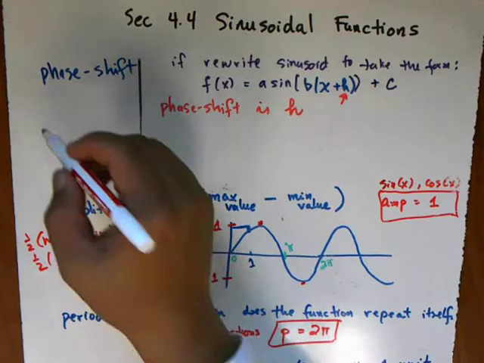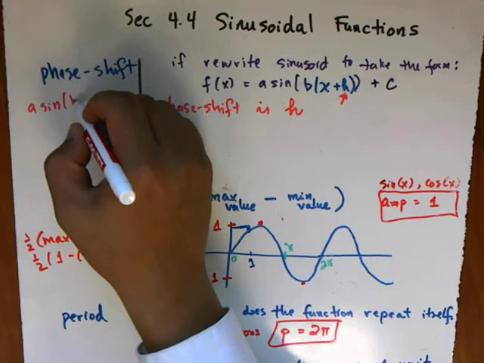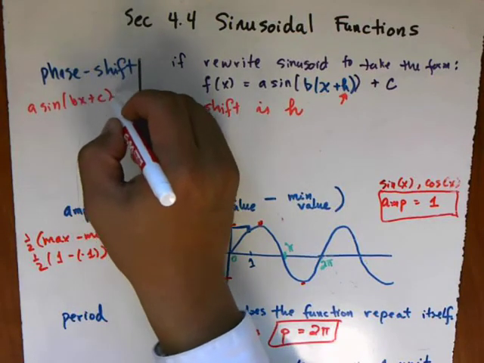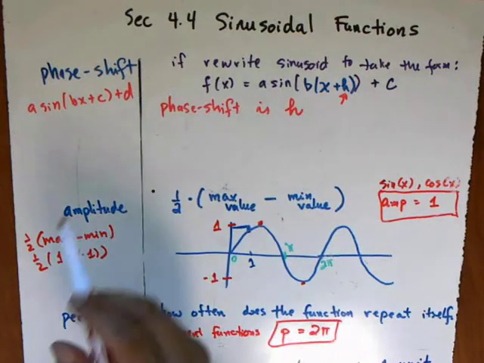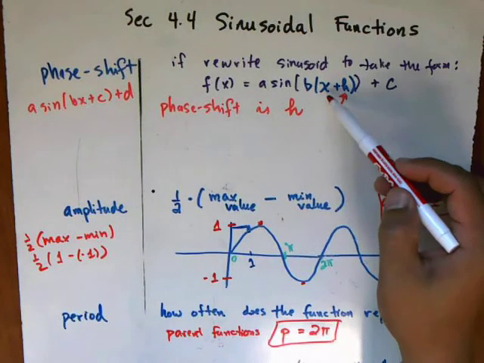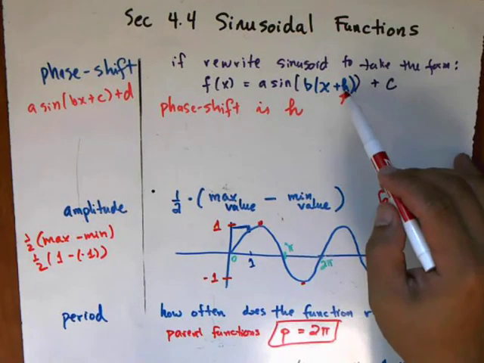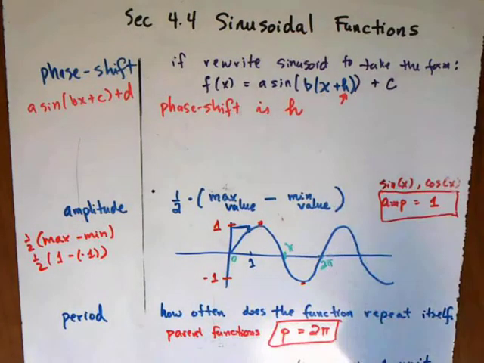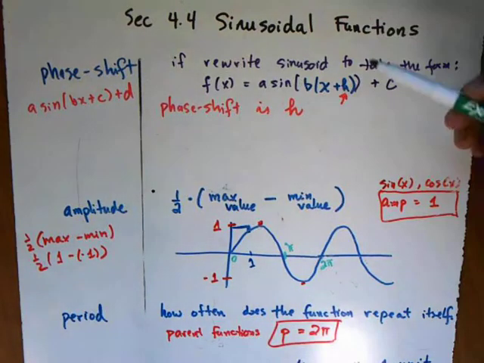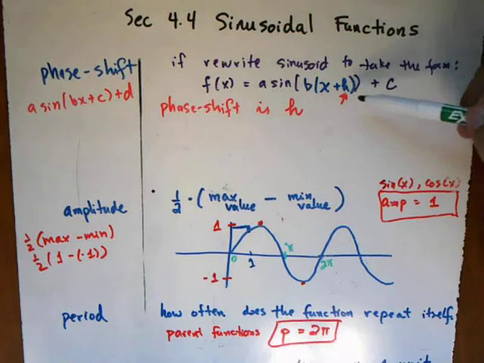In other words, if we take a sine function like this, a sine of bx plus c, plus d, and we factor out the b here, so that x has a coefficient of 1, whatever it is that's being added on to x in the parentheses, that's the phase shift. And let me explain that a little bit, sort of in layman's terms. This is really the horizontal shift of the parent function.